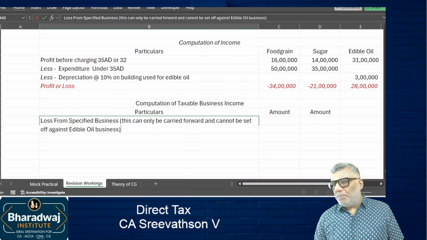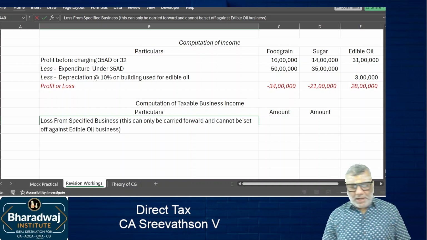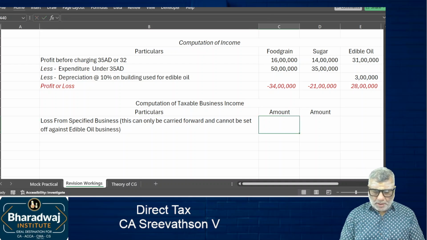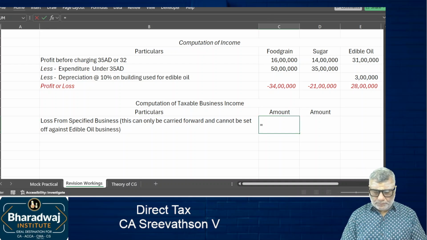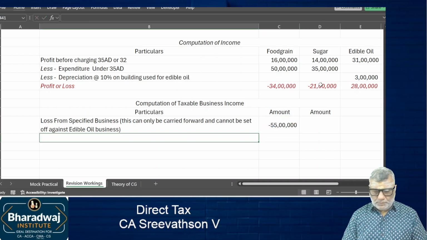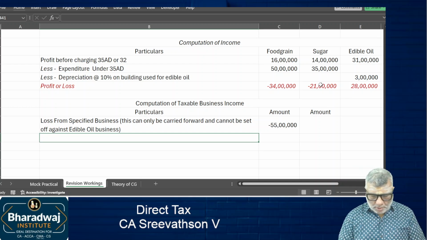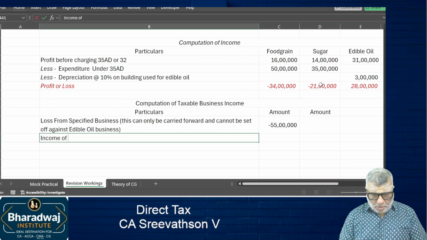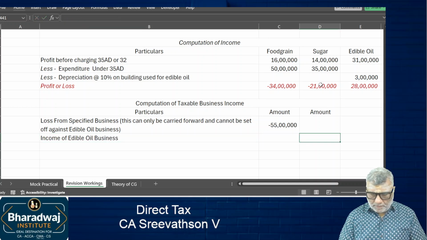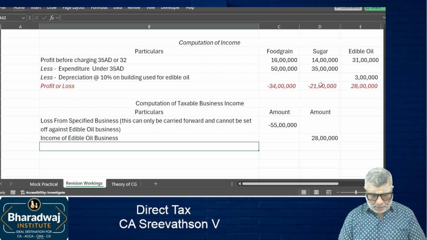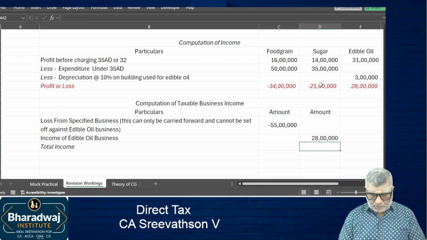It can only be carried forward. Okay. Income of edible oil business. Total income.